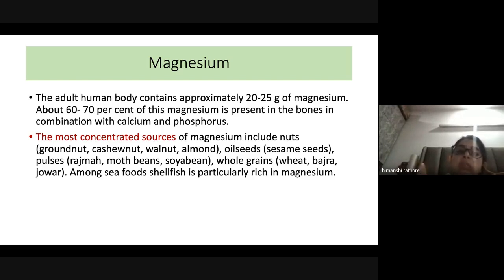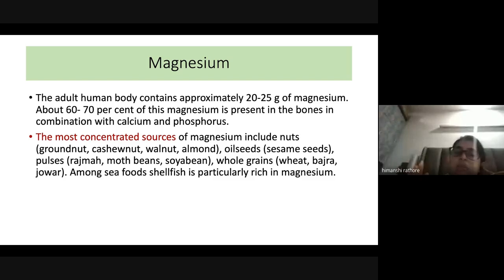About 60 to 70% of the magnesium is present in the bones. So calcium, magnesium and phosphorus, they three are interlinked. You can write down in your notebook that like sodium, potassium, chloride are interlinked, calcium, magnesium and phosphorus, they three have a similar function to perform, which is maintaining healthy bones.